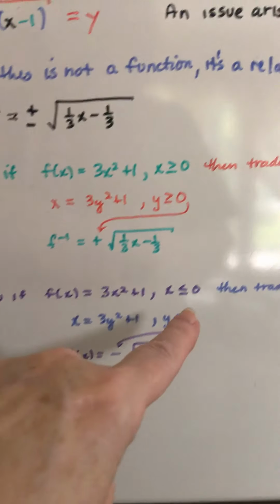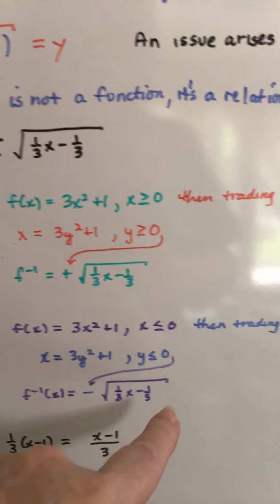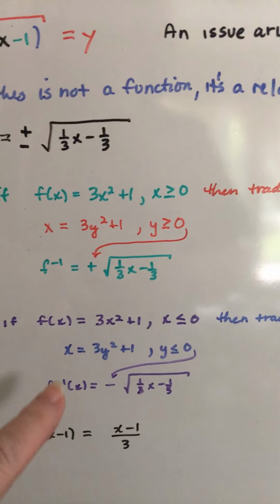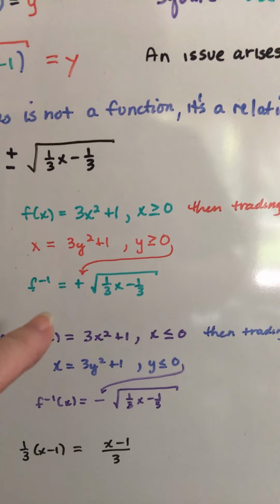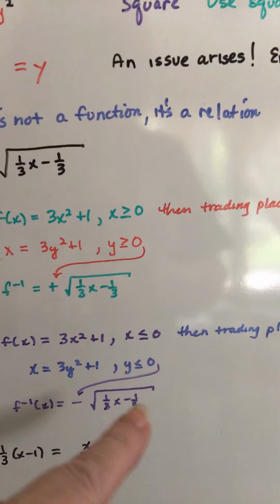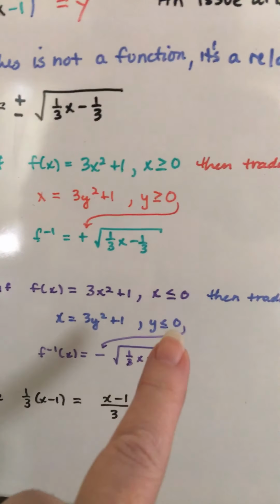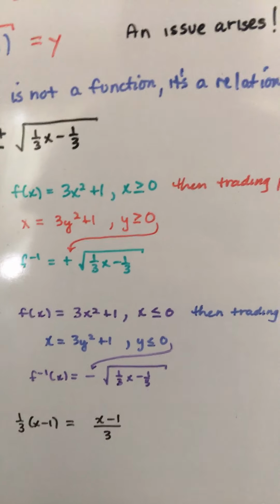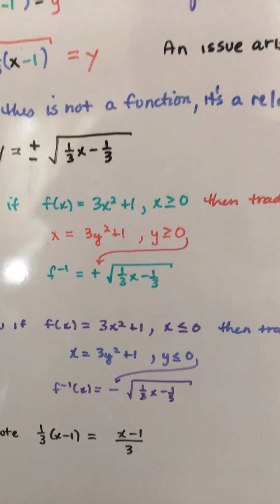I could have restricted the x's to being less than 0. Again, trading places. What's going to happen? My y becomes x, my x's become y's. I still have the square root, but now my y's are restricted to being negative. And so, again, now I can use function notation.